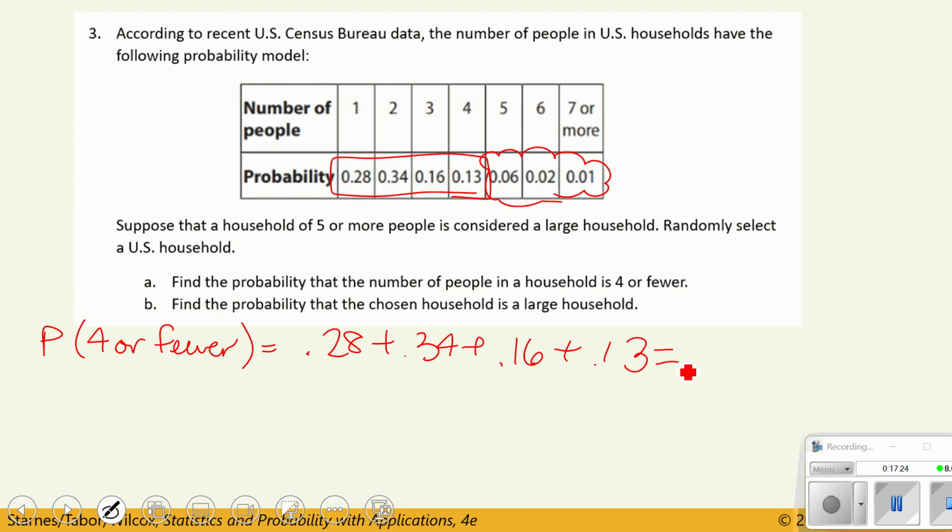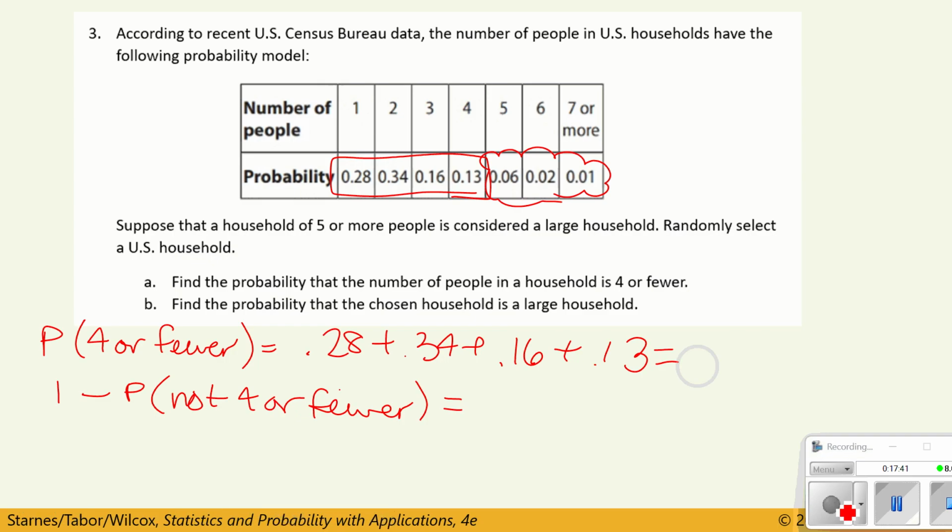Now that's going to give me the exact same answer as if we did the opposite problem, 1 minus the probability of not being 4 or fewer. So if we added those all together, I got 0.91 on mine.